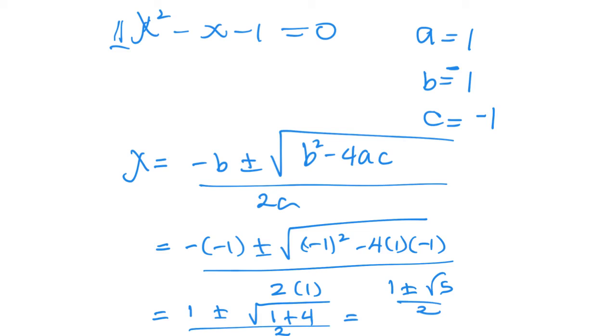Let's write them out longhand. So now that I've found the values, I'm going to rewrite them instead of using the plus or minus symbol. So I have x equal to 1 plus root 5 over 2, and then x equal to 1 minus root 5 over 2.